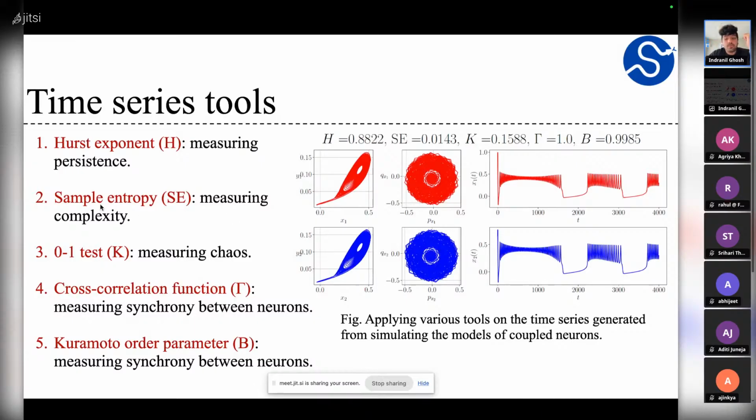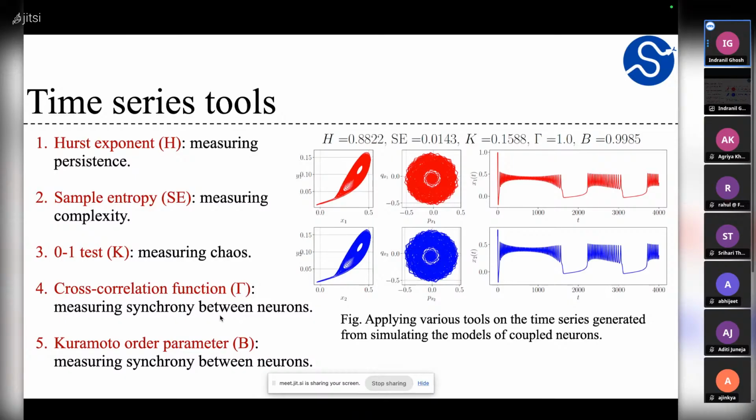Sample entropy measures how complex the time series is. Then the 0-1 test is for measuring how chaotic the time series is. And then the cross correlation function. I think you saw this in the first talk, which measures how two neurons synchronize with each other over time.